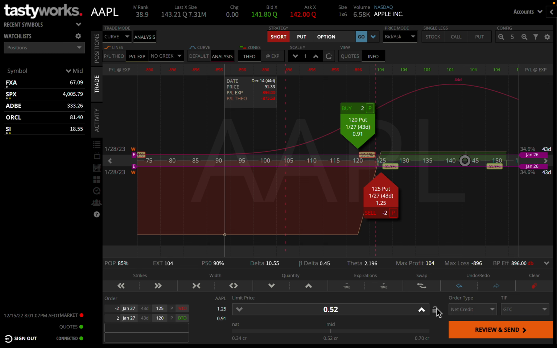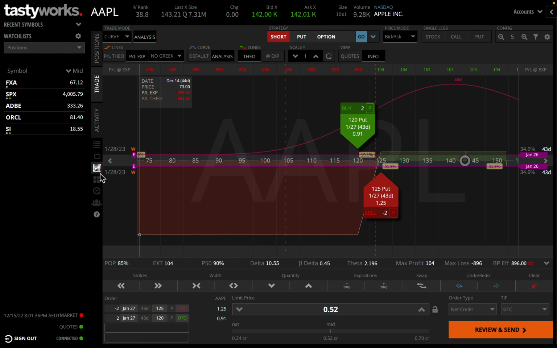Because you need $1,000 for the $5 difference. 5 times 100 is 500 times 2 contracts, right? Gives you a $1,000 debit, but you're collecting 104. 52 times 2 leaves you with 896 risk. You see?